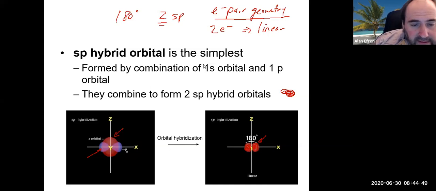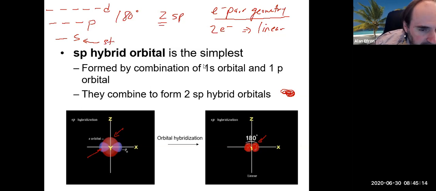So when we do this, sometimes this is the easiest way to think about it. We start with s's, just like we did with electron configuration, and there's just one. And then our p's, which there are 3 different orbitals, and then our d's, which are 5 different orbitals. In this particular case, when you do hybridization, you always start here.